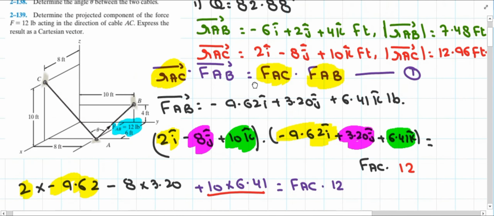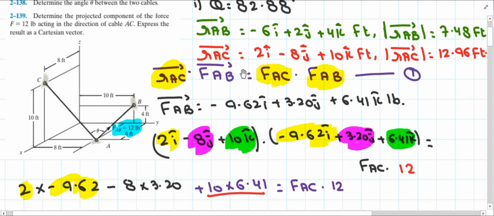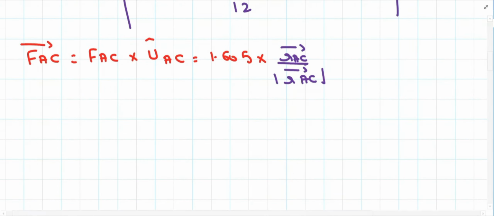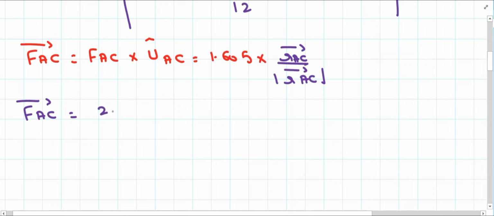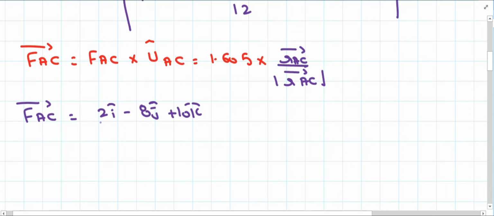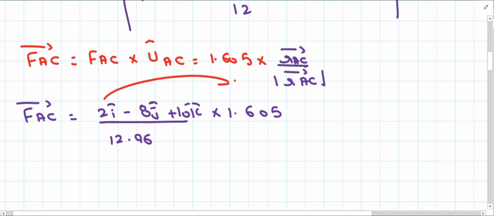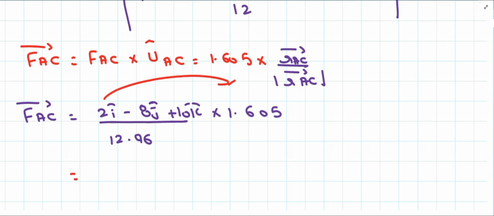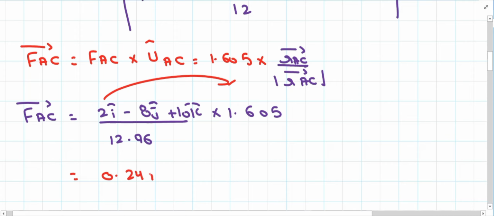We know the RAC position vector is equal to 2i minus 8j plus 10k. So FAC is equal to 2i minus 8j plus 10k divided by its magnitude, which is 12.96, times 1.605. Similarly, multiply 2 with 1.605 and divide by 12.96, so it is equal to 0.24 i cap.